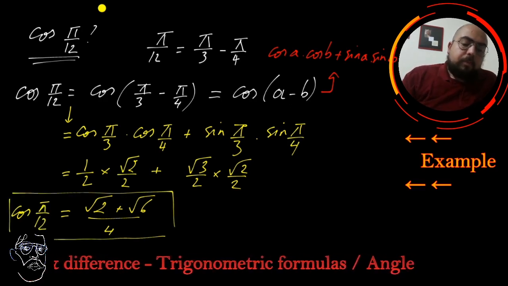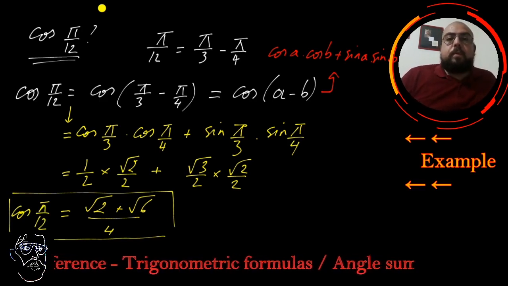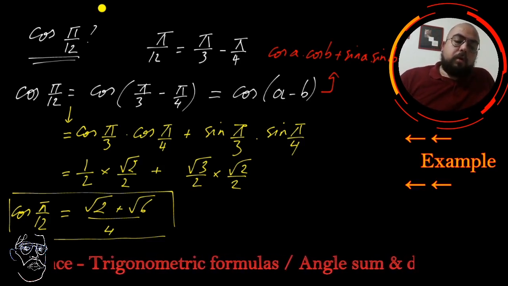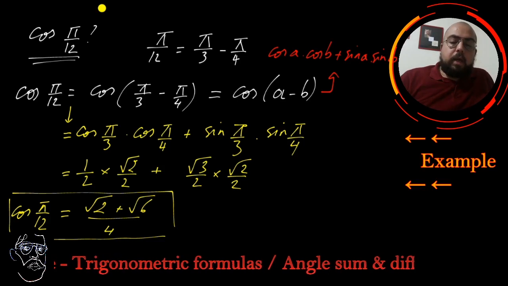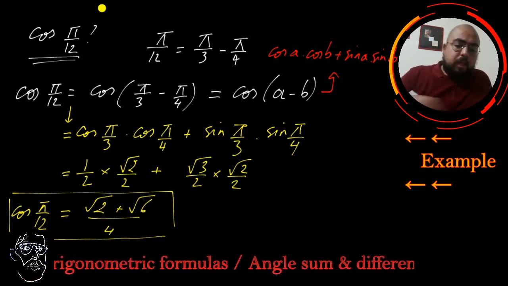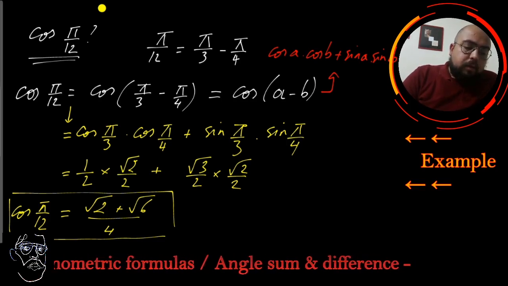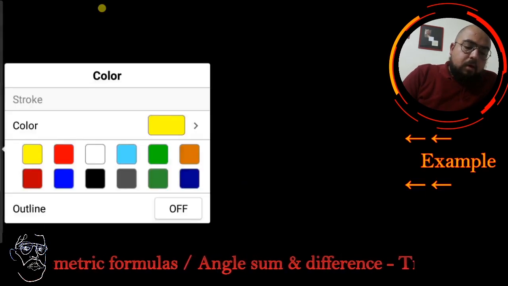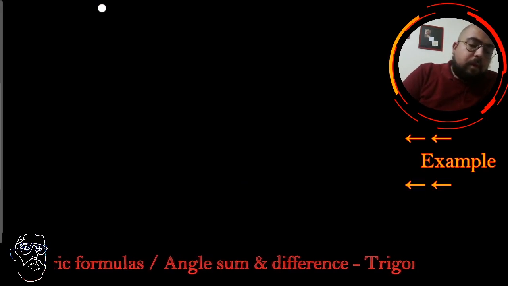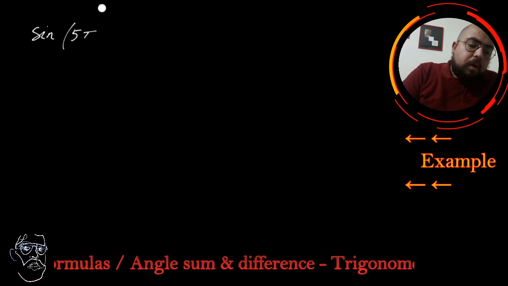So I was able to find cosine pi over 12 by using this new formula where I'm doing a difference between A and B. In this case it's A minus B. Another example, let's say I'm about to calculate sine of 5 pi over 12.